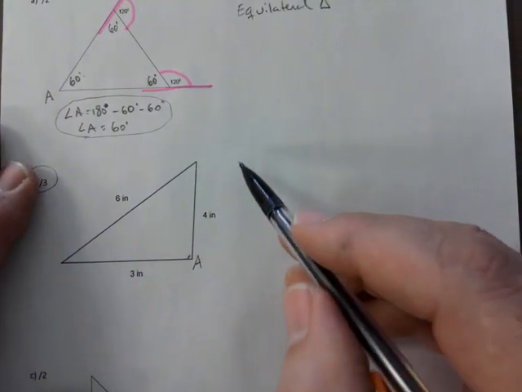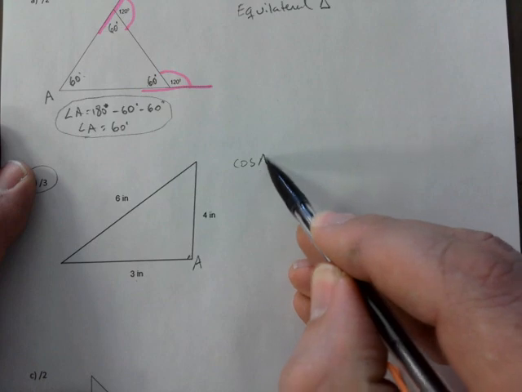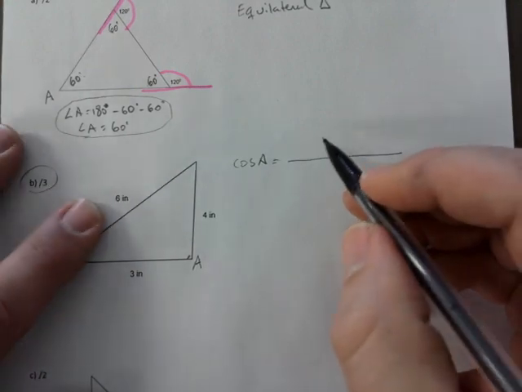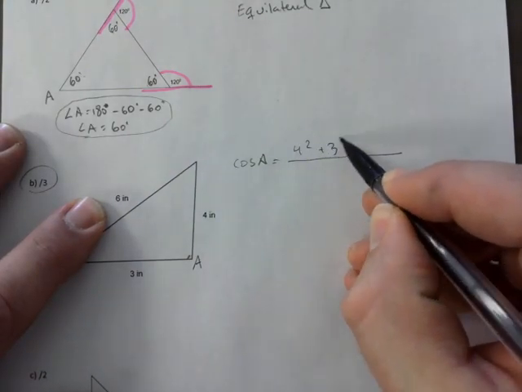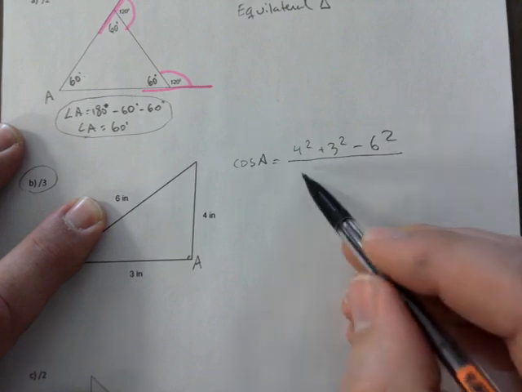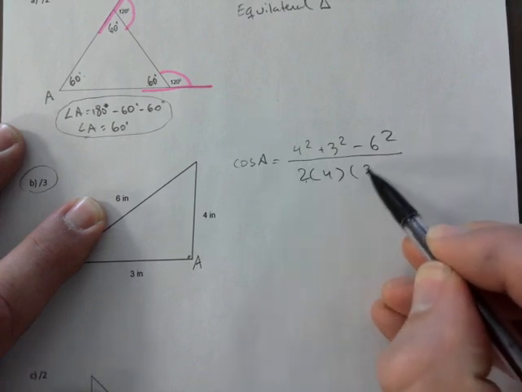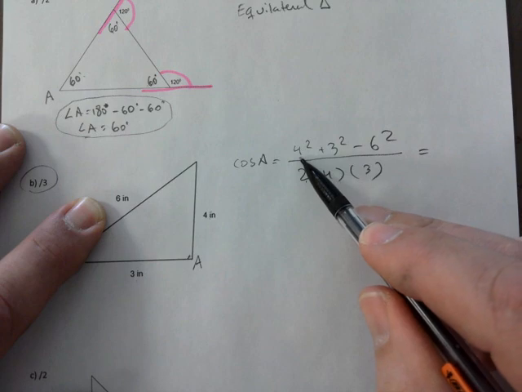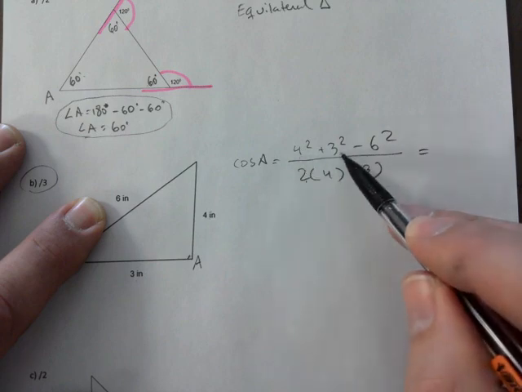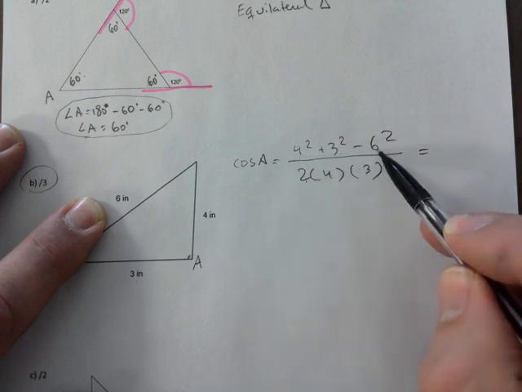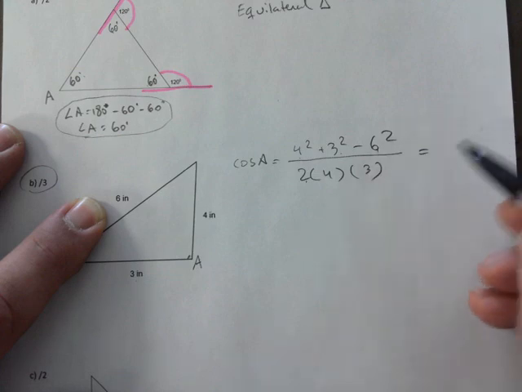So let's see here. Side, side, side. So cosine of A would be 4 squared plus 3 squared. I use nice and easy numbers here. Okay. 16 and 9 is 25 minus 36. That's minus 9, right?